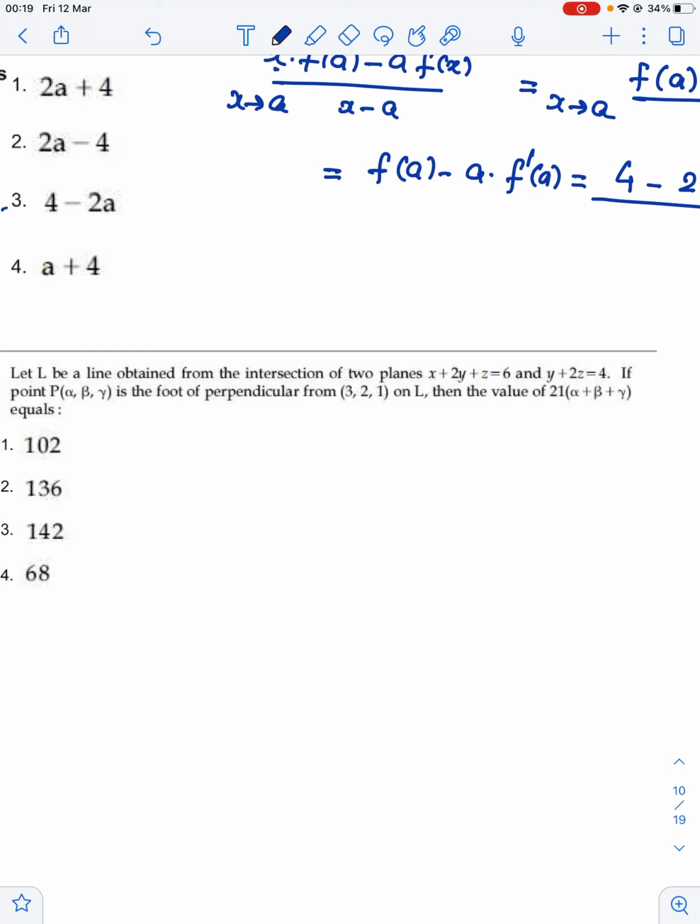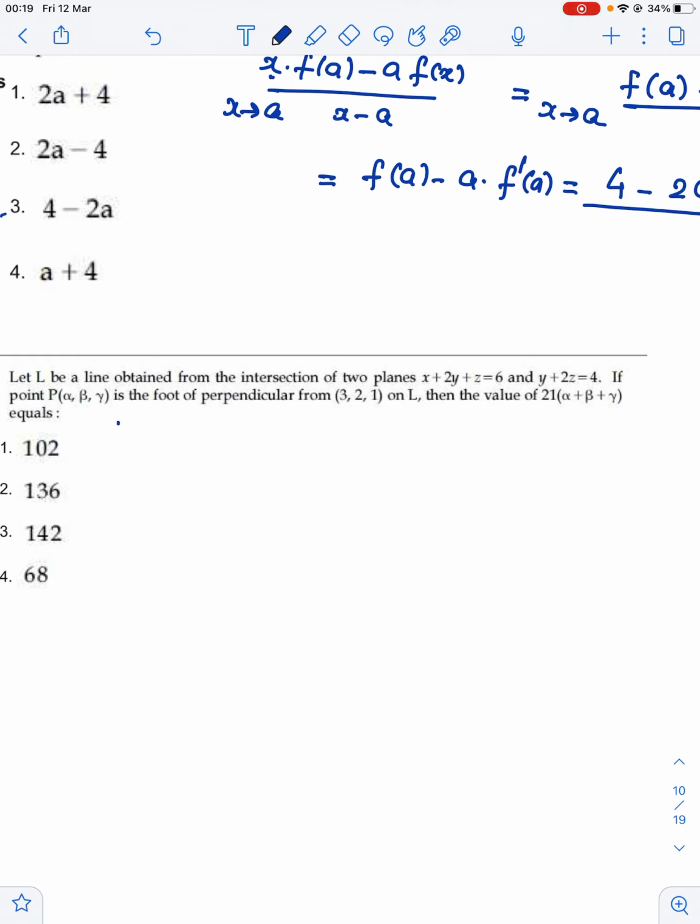So this question basically consists of two parts. First we have to get the equation of the line. To get a passing point on the intersection of the planes, we generally put z equal to 0 in the planes. So we'll have x plus 2y equal to 6, and in the second plane if I put z equal to 0, directly it comes as y equal to 4.